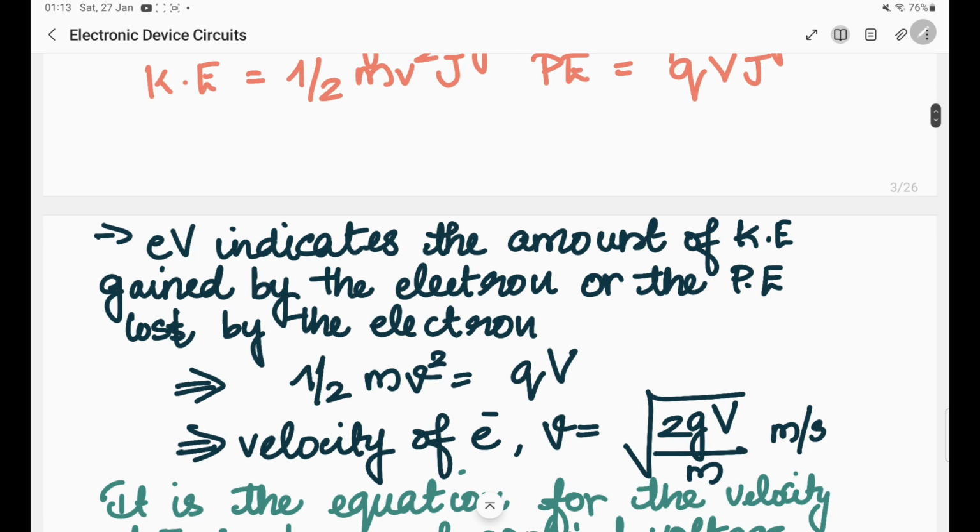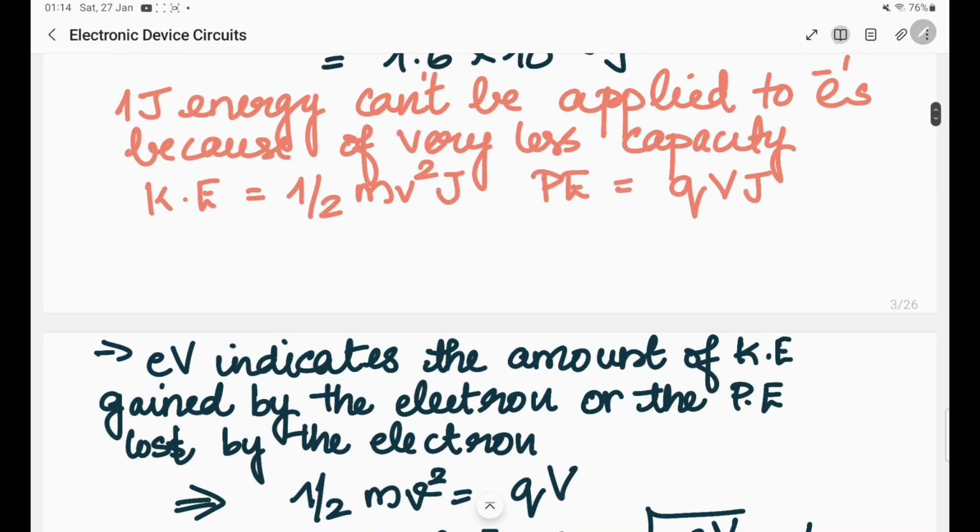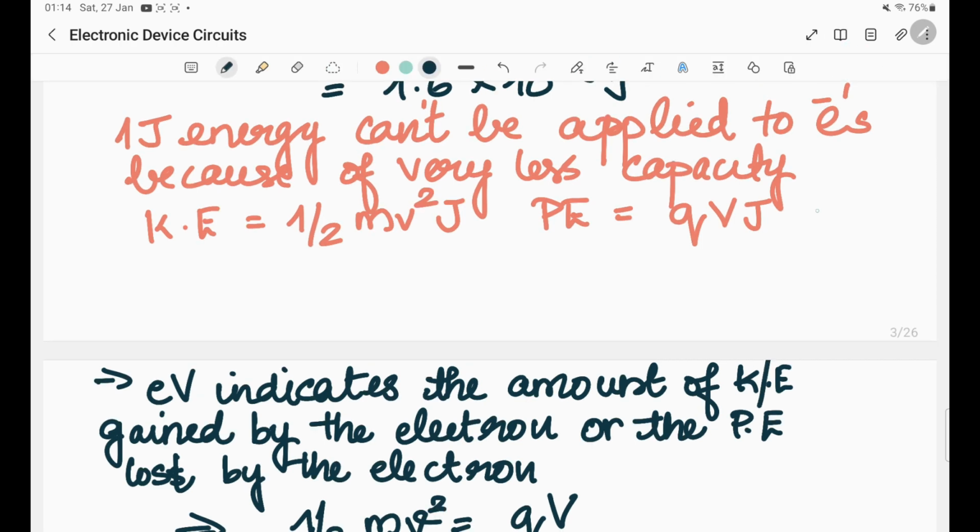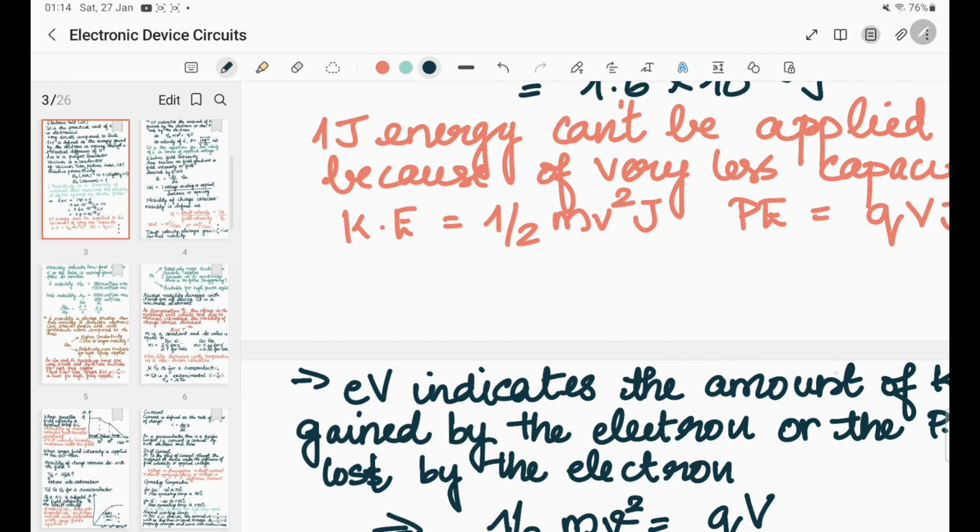From that you can solve for the velocity of the electron, which is v equal to root of 2 into q, sorry, it is not g, it is q. So I have to make a correction in it.